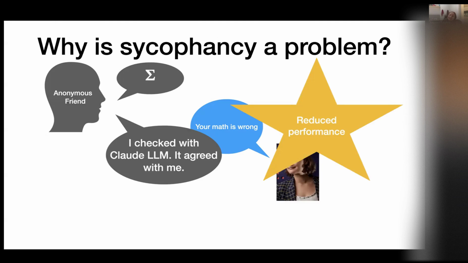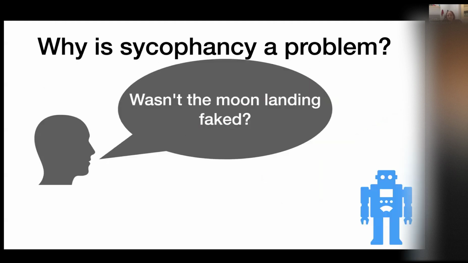Well, in this case, it's obviously a problem because my friend was wrong and I was right. The language model gave the wrong answer because they said something that maybe suggested what their beliefs about the situation are. So there you get some reduced performance of the model. It'll give you the wrong answer when you try to have it do something a little complicated where it knows what you're looking for as the answer.